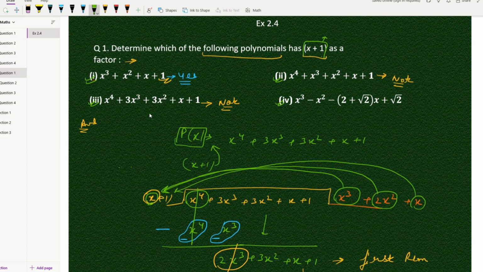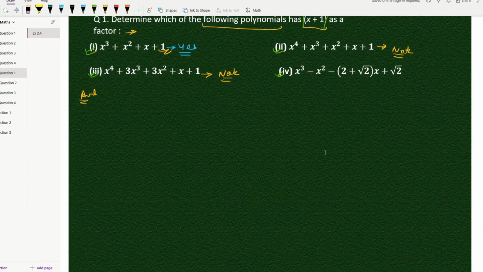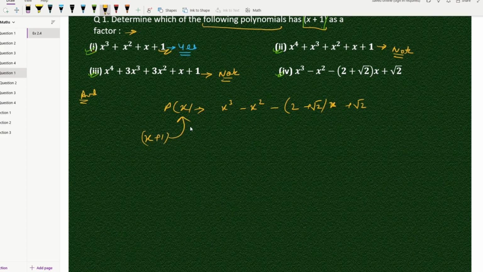Now let us immediately come to the next part of this question, that is the last. So it is saying that the polynomial in variable x is x cube minus x square minus (2 plus root 2) x plus root 2, and we have to find whether x plus 1 is a factor of this polynomial.